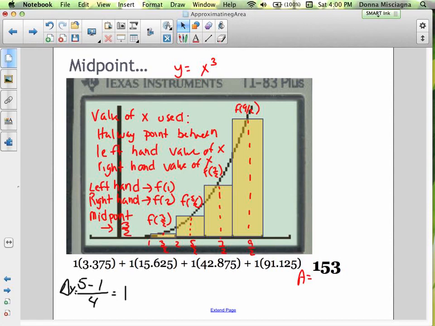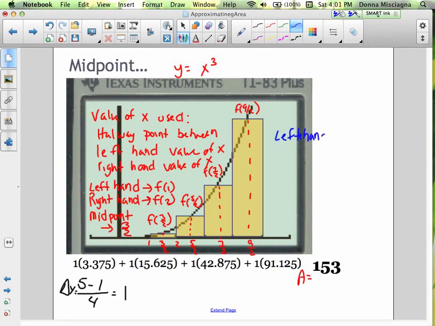Okay? All right, so when we would plug in 3 halves and 5 halves and 7 halves and 9 halves, we'd get to those values that you see right there. And when we add them up, we get 153. Notice that, and this is very, very important. I'll put the left first. So important.